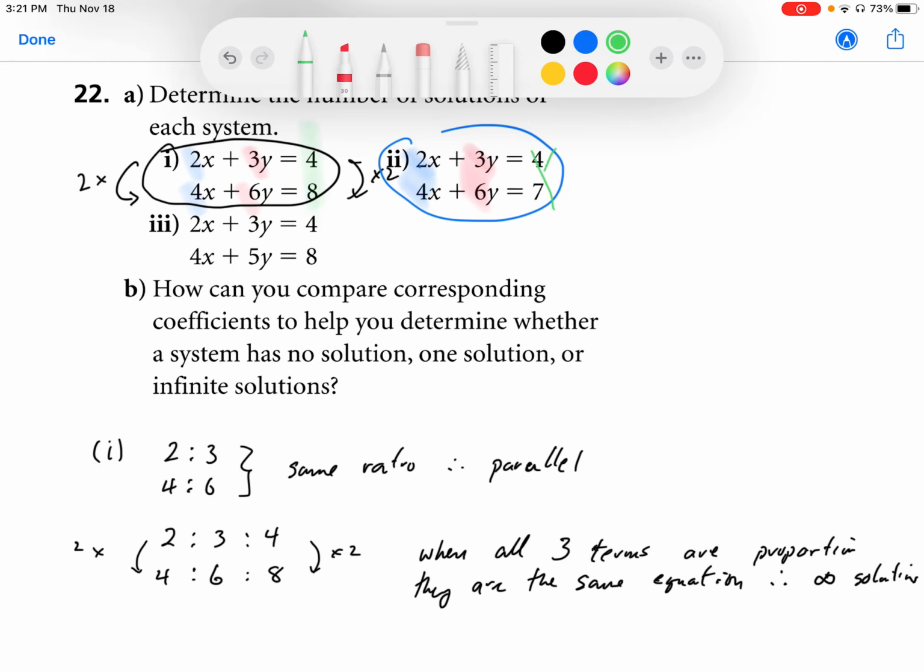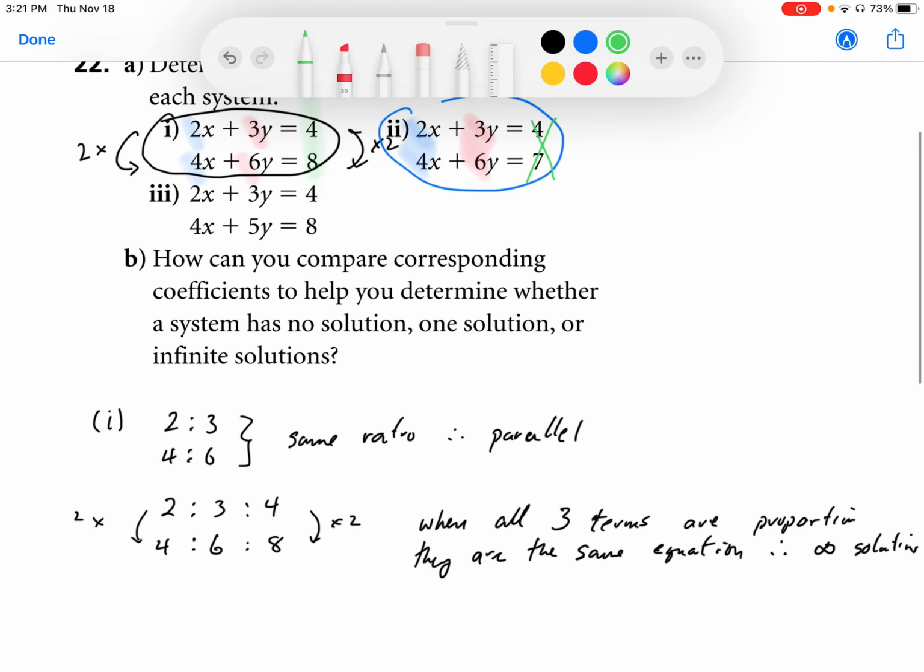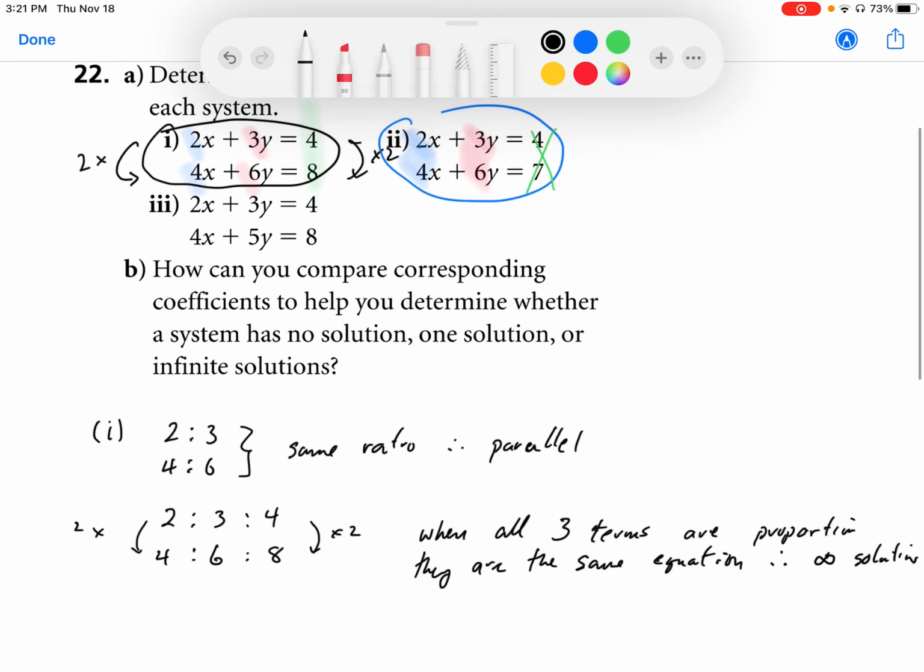Okay, so these are not in the same ratio. That is not a times 2 ratio. Therefore, they are parallel, but not the same. Okay, so for 2, these are parallel, but different. Therefore, 0 solutions.